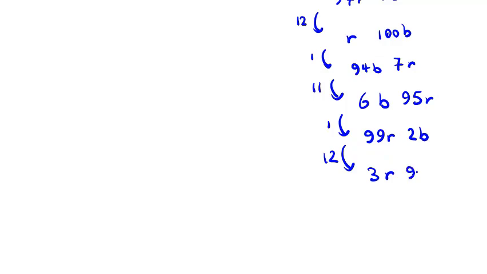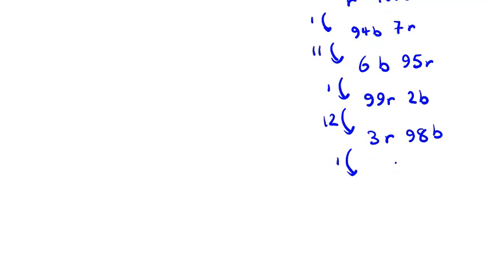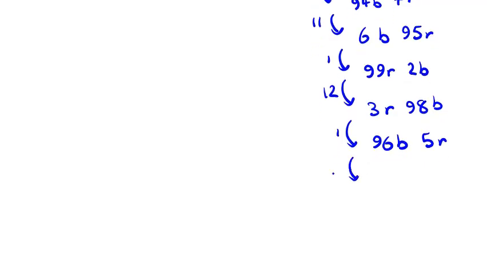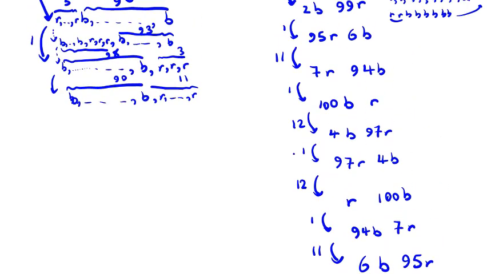How many B's do we have? 98B. Then in one step, you change 5 of them to R, 5R, 96B. Then in 12 steps, you will change all of them to R. So you have 100R.